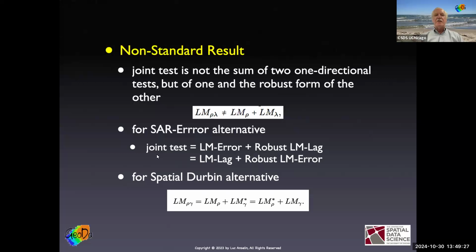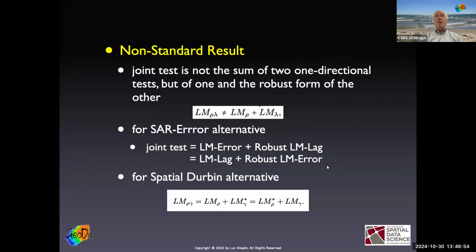So the joint test for lag and error is either the sum of the error test and the robust lag test, or of the lag test and the robust error test. It's very peculiar. The first time my colleague Anil Bera saw that, he's now a spatial guy. He wasn't a spatial guy. He couldn't believe it. He thought something was wrong.